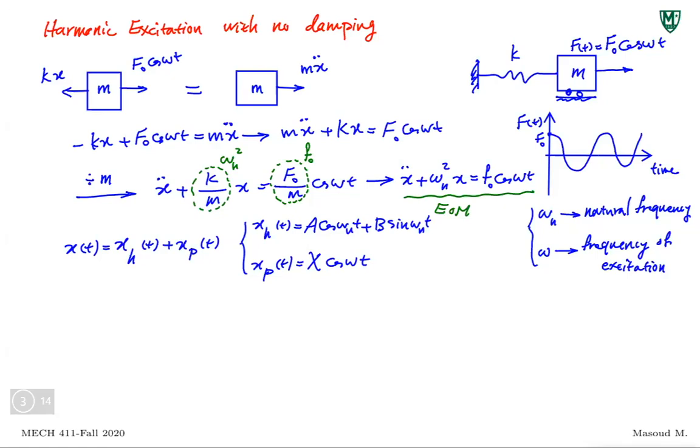The particular part has omega. Omega is the frequency of excitation. Now, I have another constant X here. X is also a constant I have to find. Does anyone remember how we find this X, the constant in the particular solution?